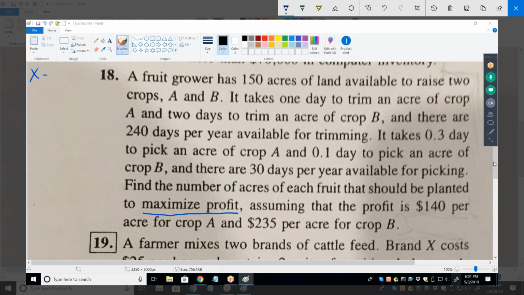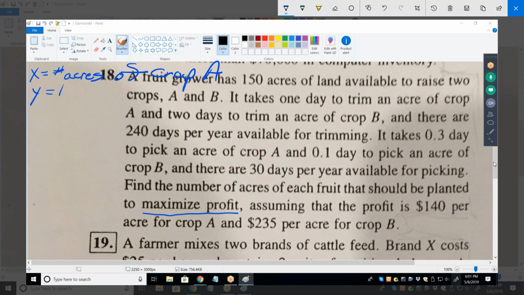Our variables are going to be A and B. Let's be a little bit more specific. Let's call X the number of acres of crop A, and Y the number of acres of crop B.